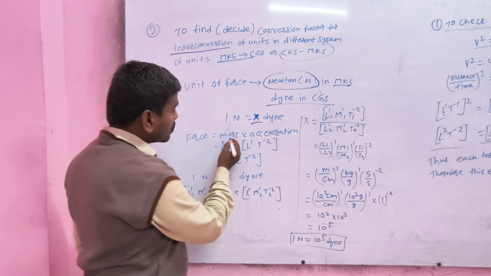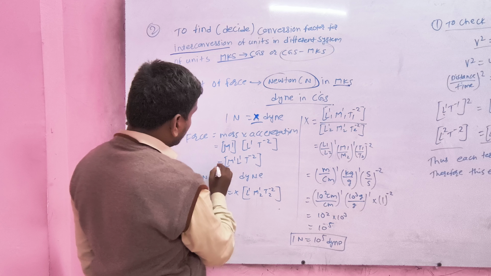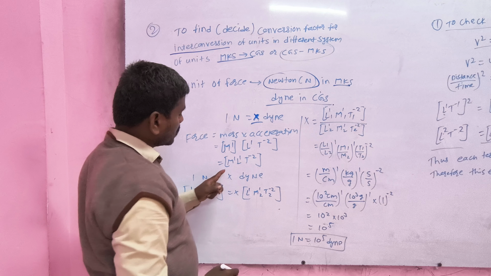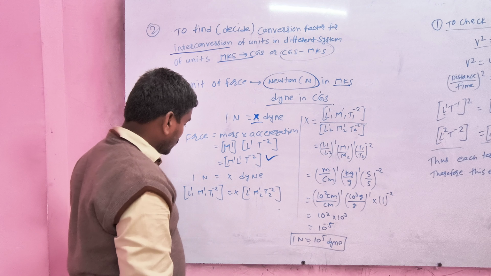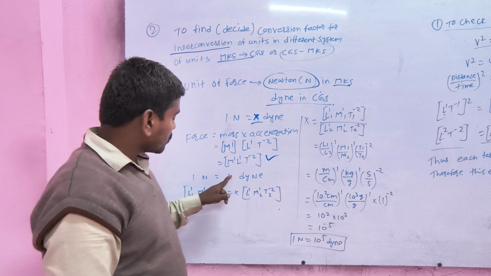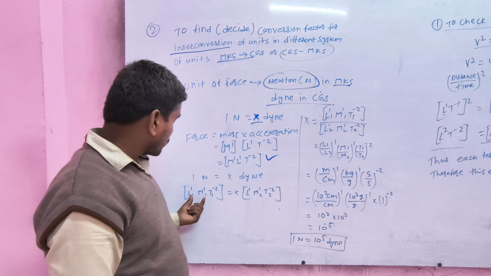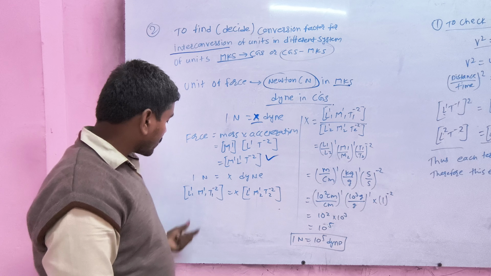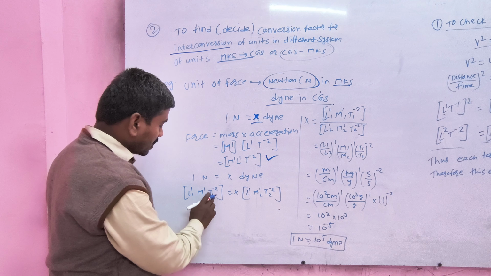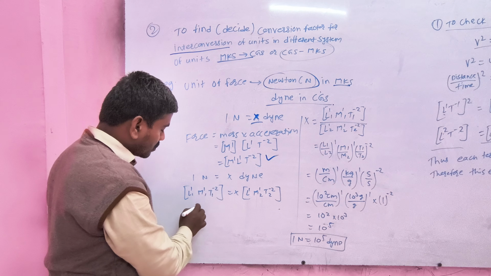So we know that force is equals to mass into acceleration, that is, the dimension of force is M1 L1 T minus 2. We already know this. Then 1 Newton is equals to x dyne. So put the value of dimensional formula L1 M1 T minus 2.